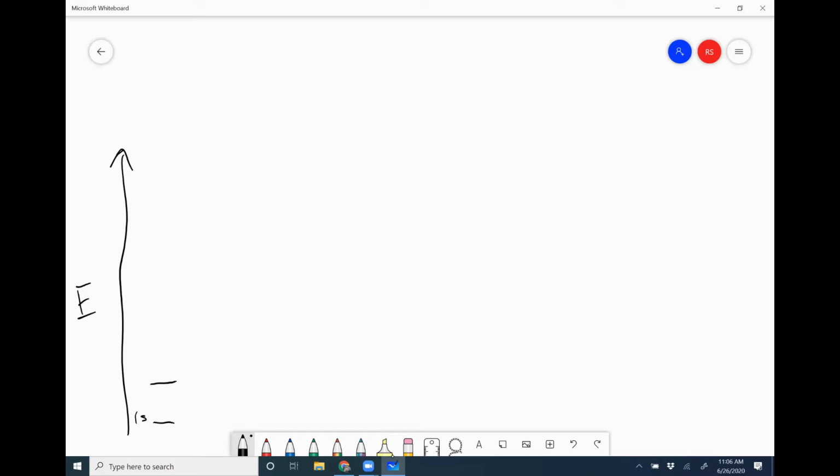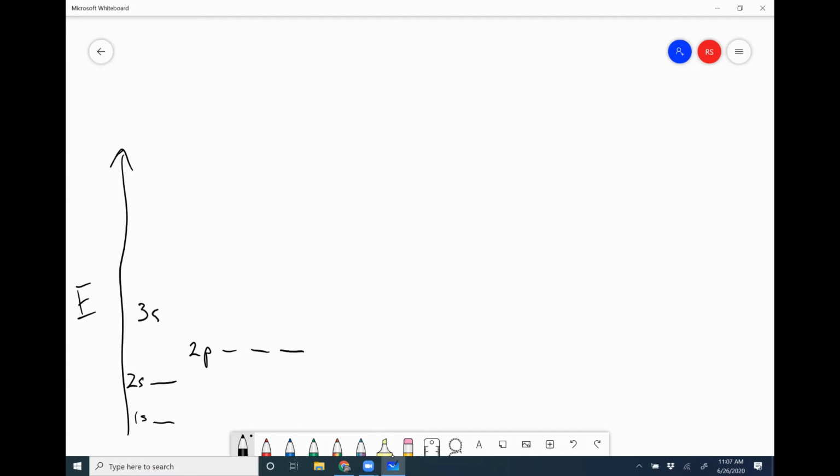And then it takes a little bit more energy for electrons to exist in the 2s, and a little bit more than that to exist in the 2p. Each one of these boxes represents the shape, s, and the number of orientations that shape has. So s only has one orientation, so it has one box, and p has 3 orientations, so it has 3 boxes.